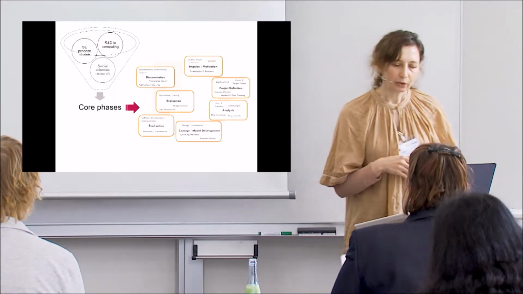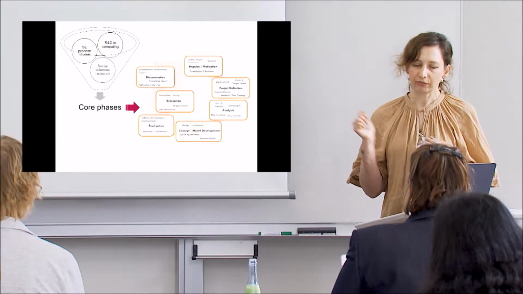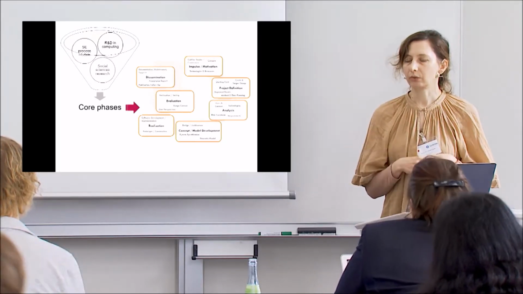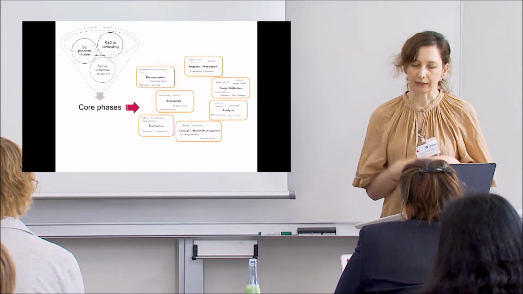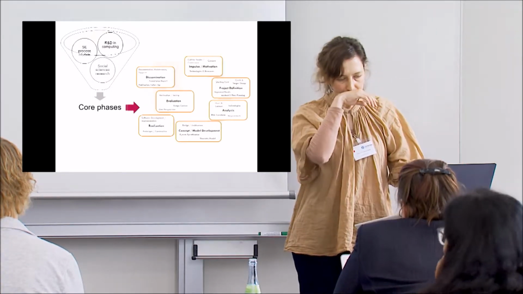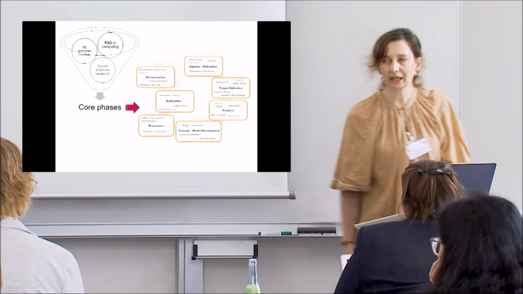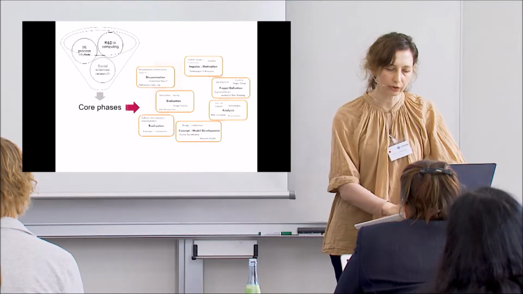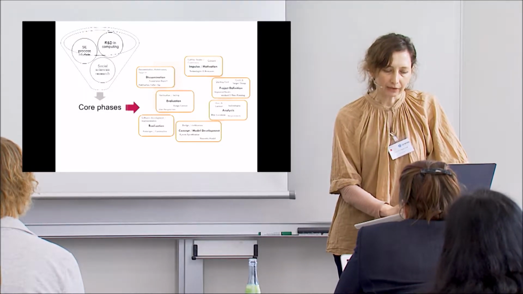So we reviewed models like the V model, the waterfall model, and we also took into consideration more agile approaches. We also looked at user-centered standards and at ISO norms, for example.